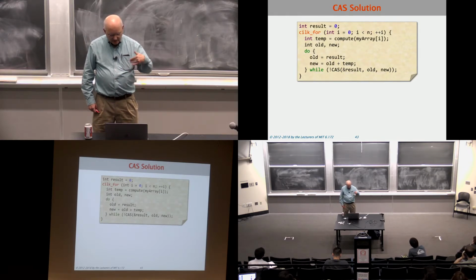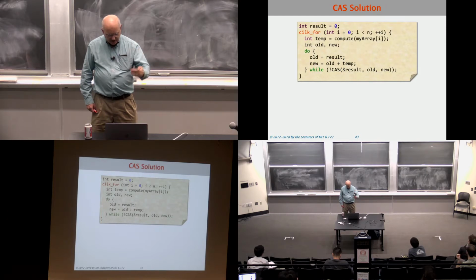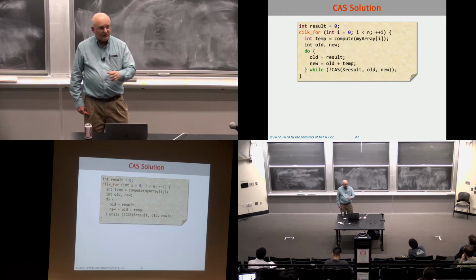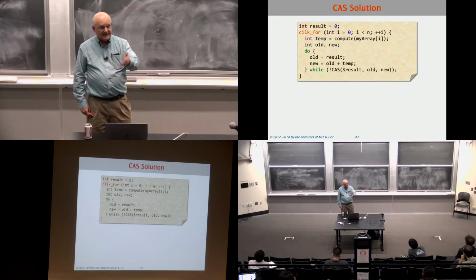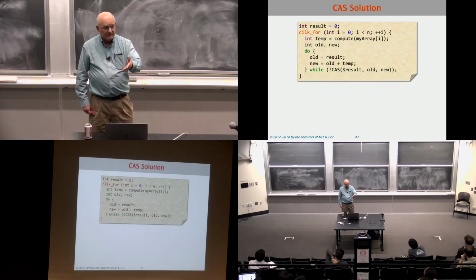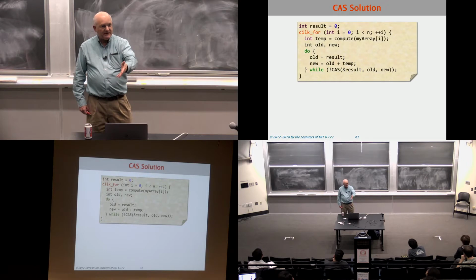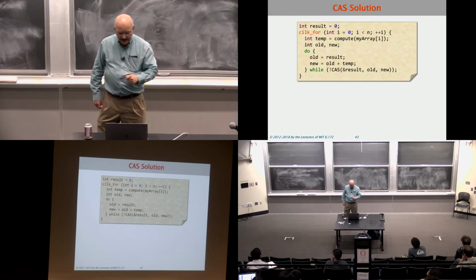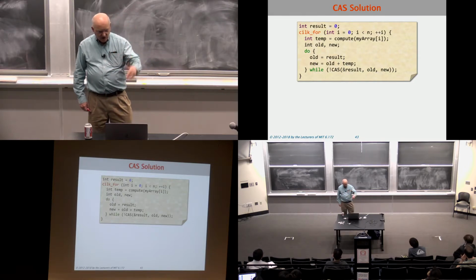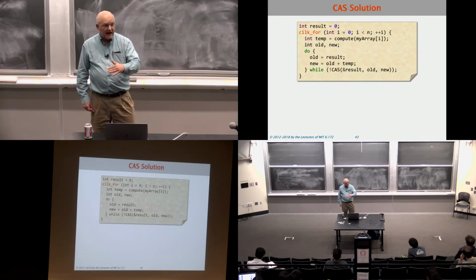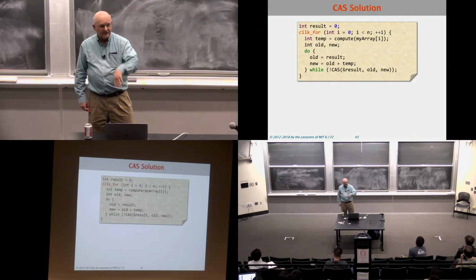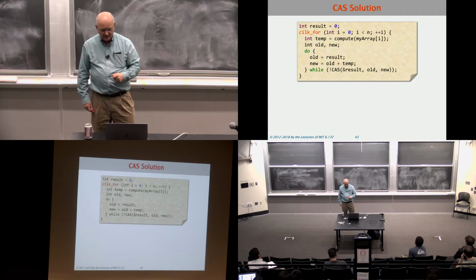And if it turns out that the old value is exactly the same as it used to be, then I can swap in the new value, which includes that increment. If not, then I go back and do it again. I once again load, add, and try to swap in again.